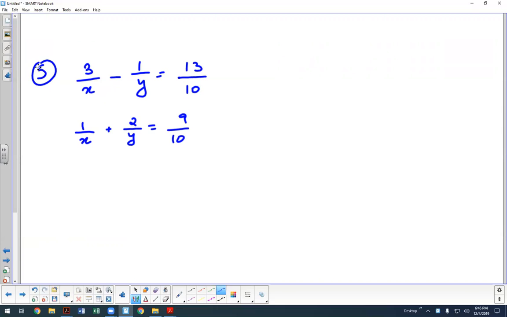Now, we are not going to try and get rid of our denominators. We're not going to try and find common denominators to rewrite those equations. We're actually going to leave them in the form they are.